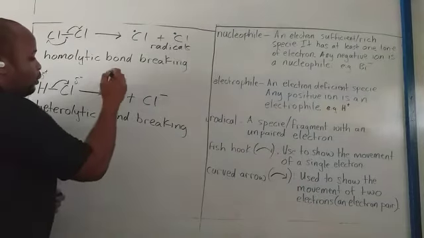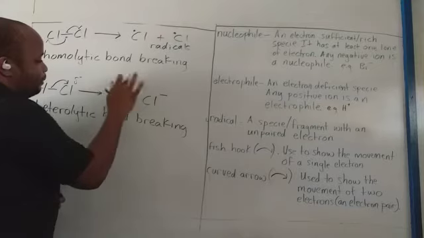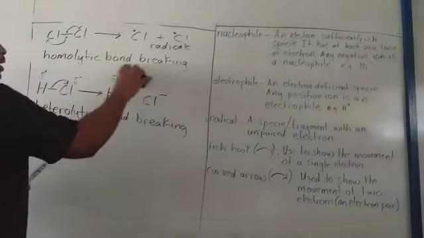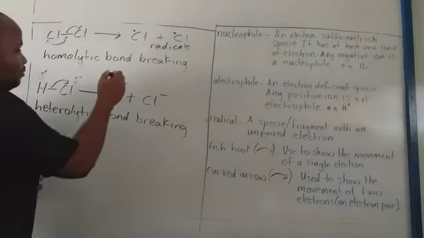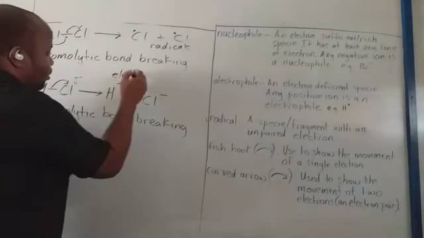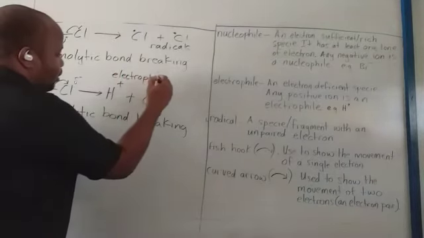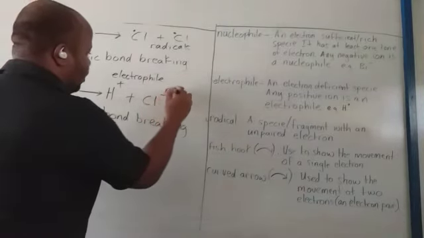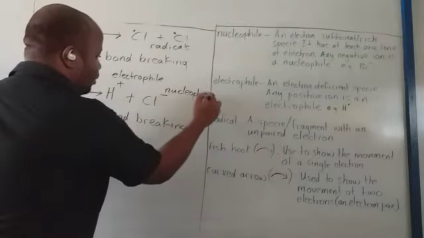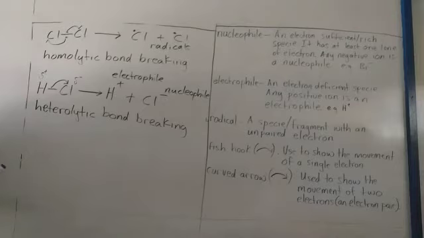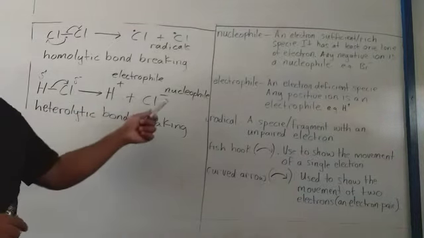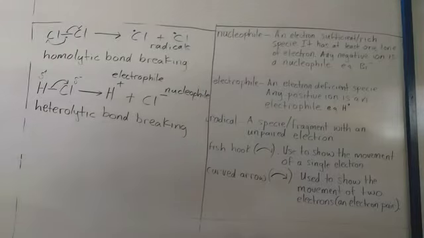In other words, you will get an electrophile and you will get a nucleophile. So when a bond breaks heterolytically, you always get an electrophile and a nucleophile.